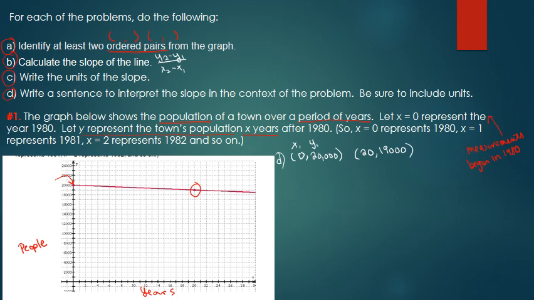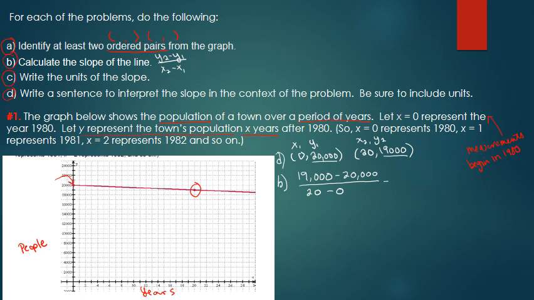So x1, y1, x2, y2. All right, now I need to plug those in to find the slope. So I have y2, which is 19,000. That's y2 minus y1. That's that one. Over x2, which is 20, minus x1, which is 0.